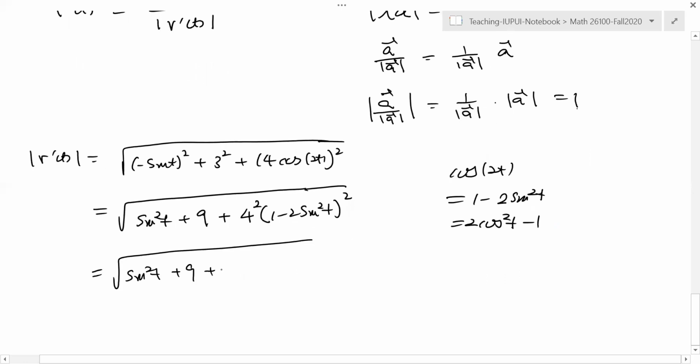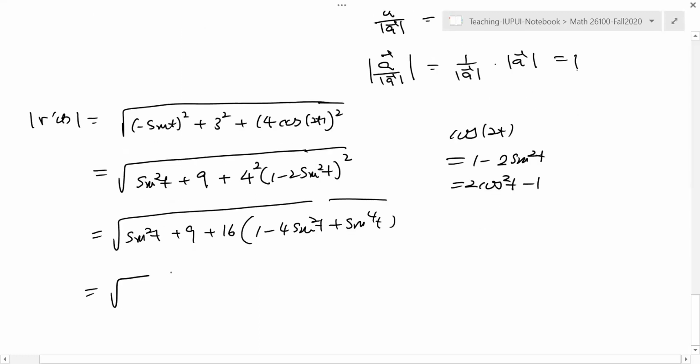So it's 9, here's 16 times 1 minus 4 sine squared t, plus sine to the 4th power t. So the constant 9 plus 16 is 25, and then minus 36, 1 minus this is 35 sine squared t plus 16 sine to the 4th power t. So that's it, I cannot simplify it.